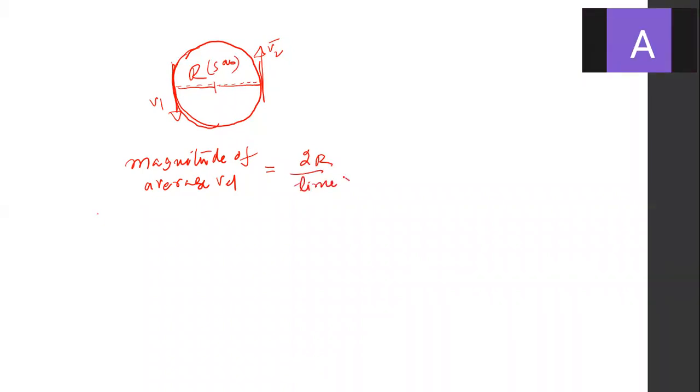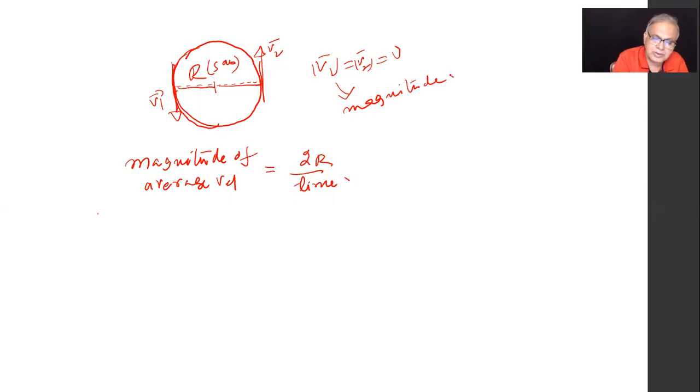Time is not known, but we know it has got a speed V. Mod V1 is equal to mod V2 is equal to speed V. The distance is pi R, so time will be distance pi R by speed V.